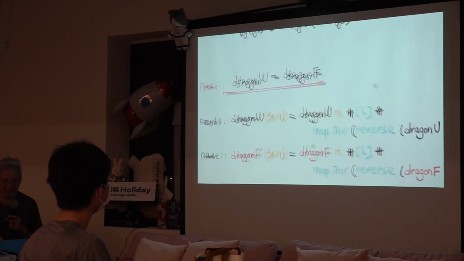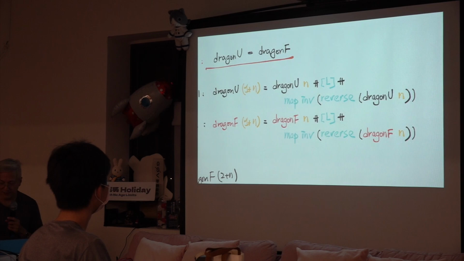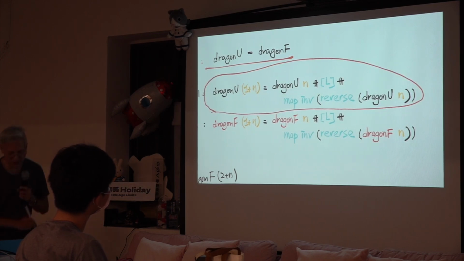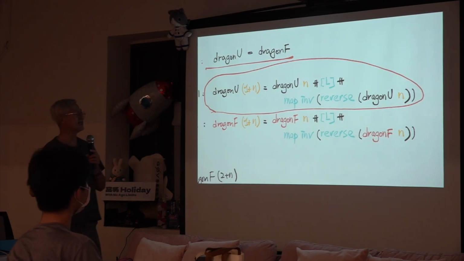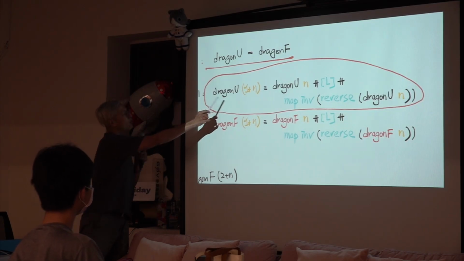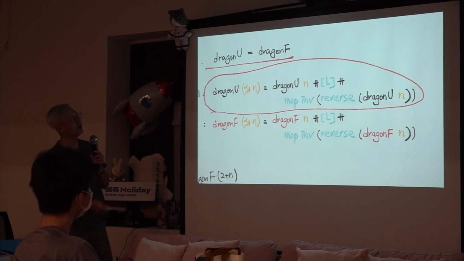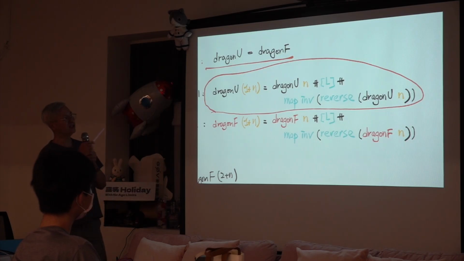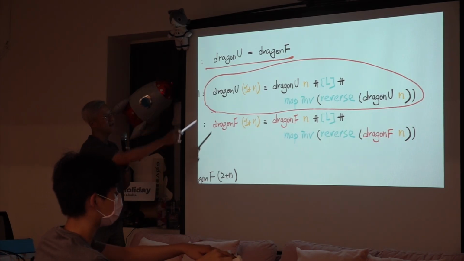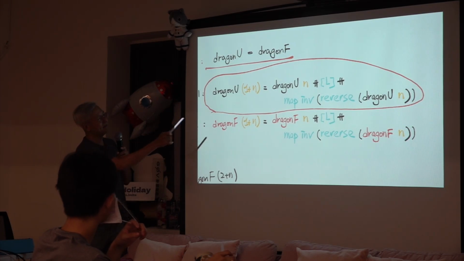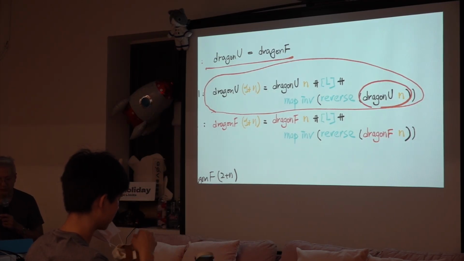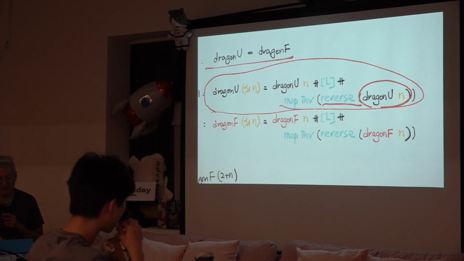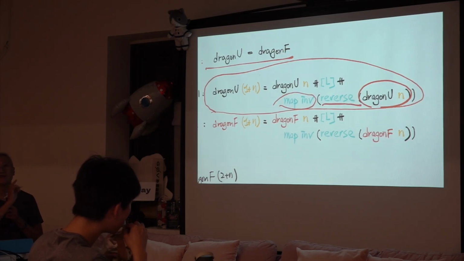Recall that this one here is simply the definition of dragon U. That's the unfolding approach, as I said, that the level 1 plus n curve is generated from the level n curve, followed by an arrow, followed by the same level n curve, reversed and inverted. That's the unfolding approach.